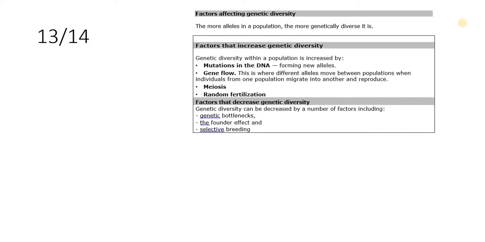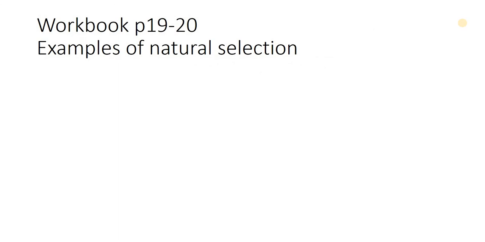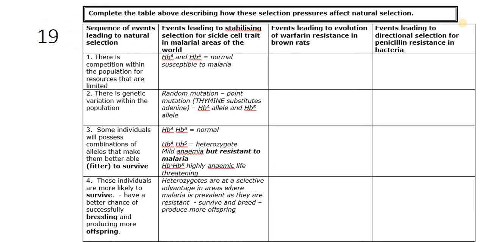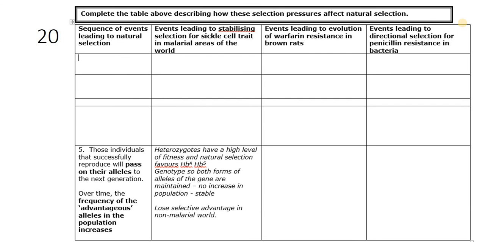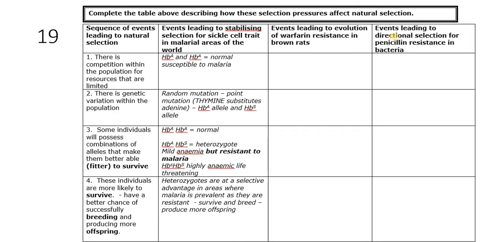And more blurb on page 13 and 14. Then there's a table to fill in on page 19 and 20. Examples of natural selection. So we'll give you a bit of help with this. Your table has got 1, 2, 3, 4, 5 things down the left. So down the left, these are just the points about natural selection that you know about by now.